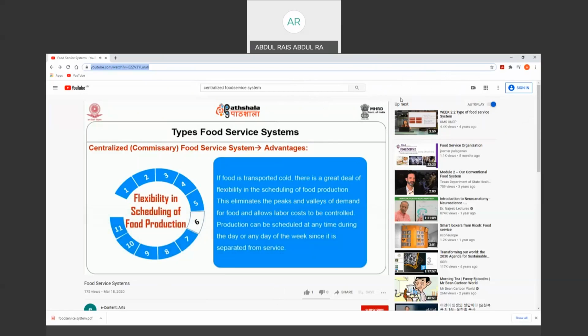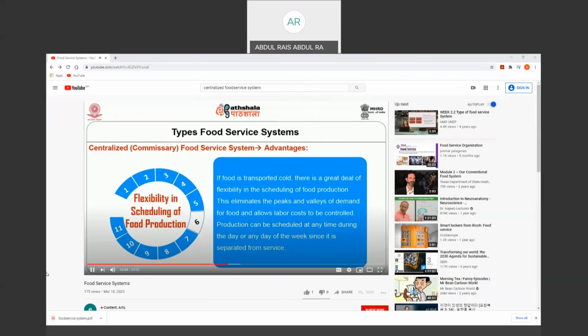If food is transported cold, there is a great deal of flexibility in the scheduling of food production. This eliminates the peaks and valleys of demand for food and allows labor costs to be controlled. Production can be scheduled at any time during the day or any day of the week since it is separated from service.